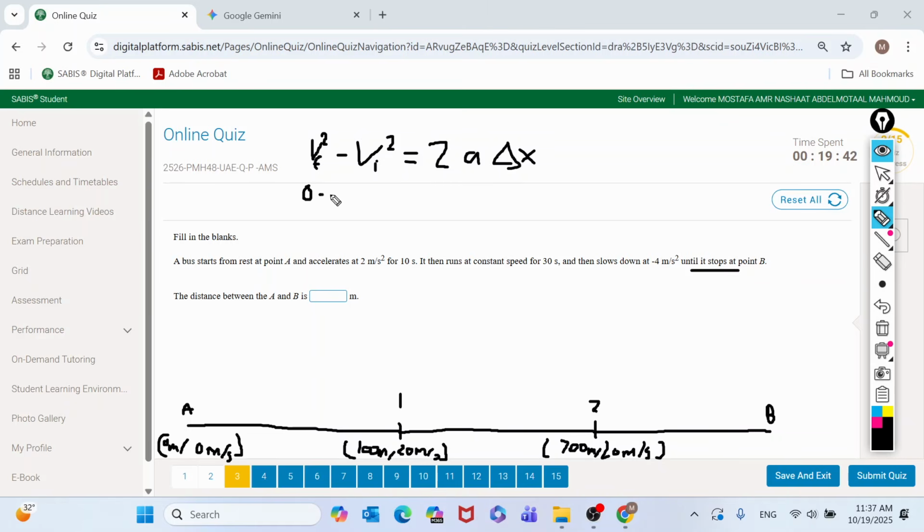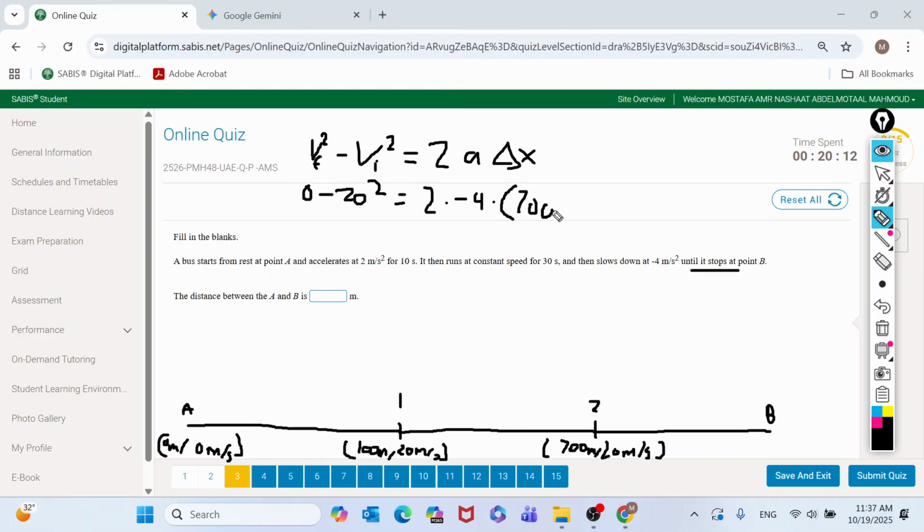V final squared is 0, and v initial is from here 20, so negative 20 squared equals 2 times acceleration, negative 4, 2 times negative 4, times delta x. Delta x is x final minus x initial. We have x initial, just 700.